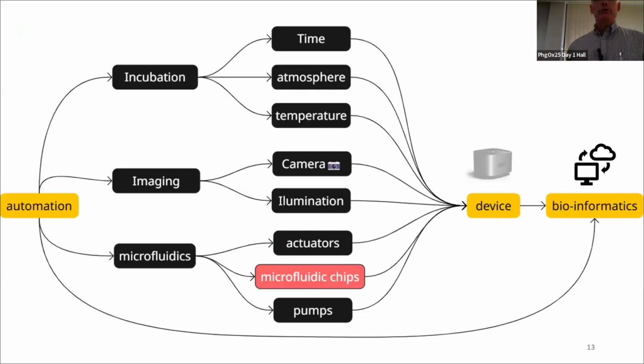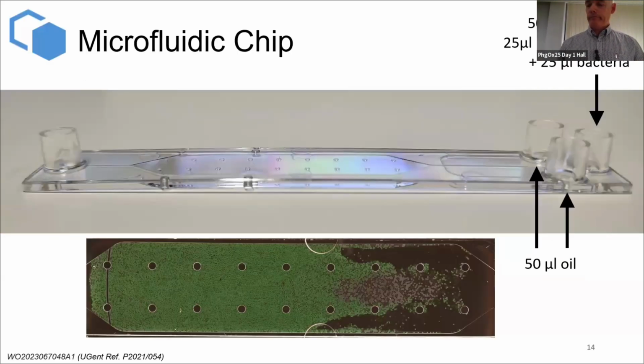So we had a lot to optimize: imaging, incubation, microfluidics, temperature, and so on. For all the black things, there are, I think, 5 other parameters we had to optimize. But we ended up with a device we automated, and with bioinformatics, we can now solve this in a really rapid manner.